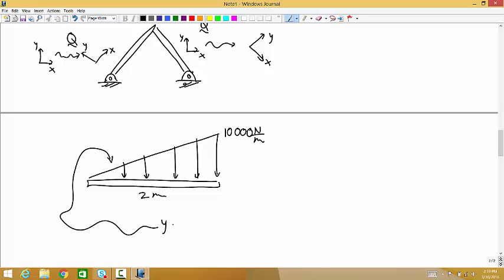That line is defined by a rise of 10,000 over 2, so 5,000x plus 0, because there's no y-intercept. And so q is equal to 5,000x.